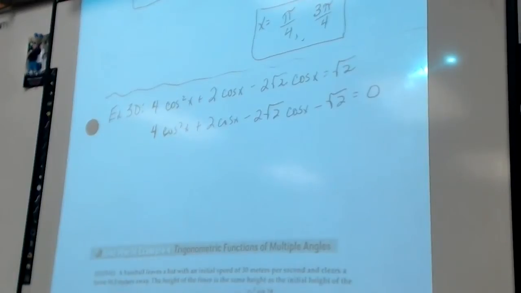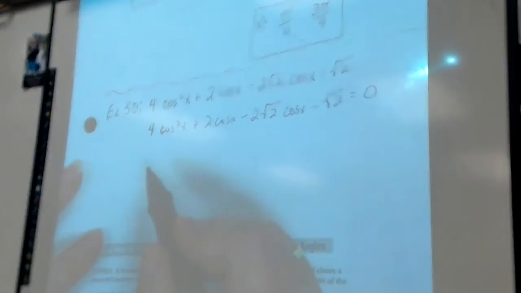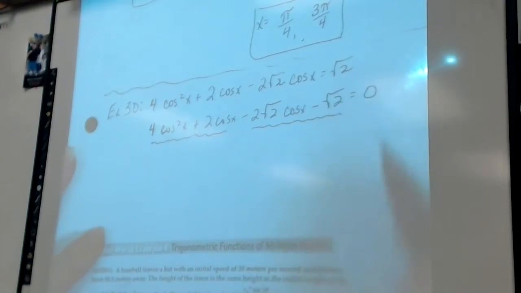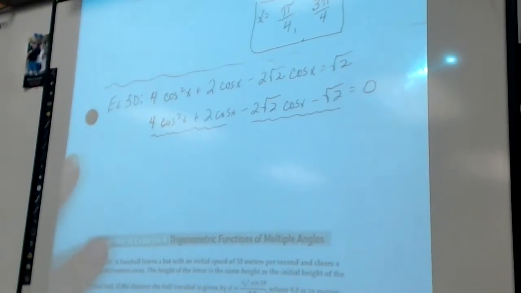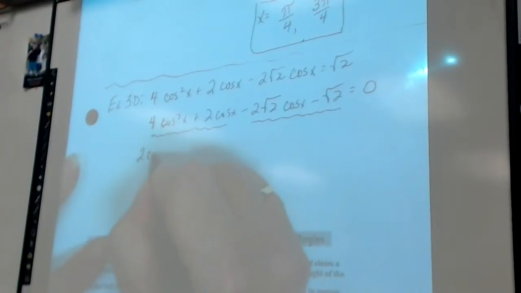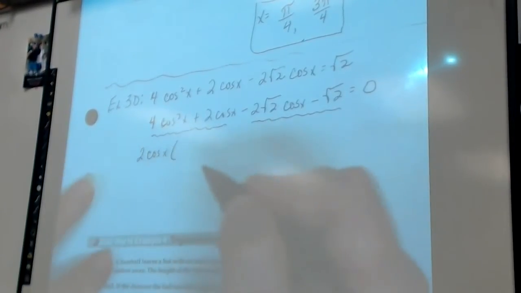Just go with it. Okay. It's been a while. So we want to group these two together and these two together. Here we can factor out a 2 cosine x. And what do we have left? 2 cosine x plus 1.